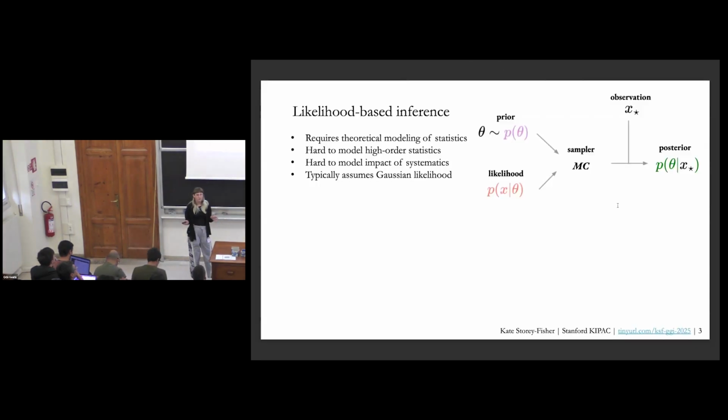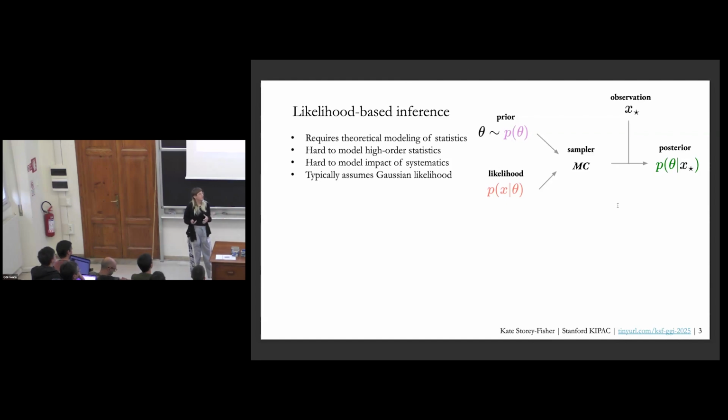So a quick recap of the topic. Often when we do inference from galaxy clustering, we're doing a likelihood-based inference. And when you do this, you have a prior and you define some likelihood that you typically have to assume is Gaussian. And then you run a sampler based on your observational data and compare it to your model at every step, and from that build up your posterior.